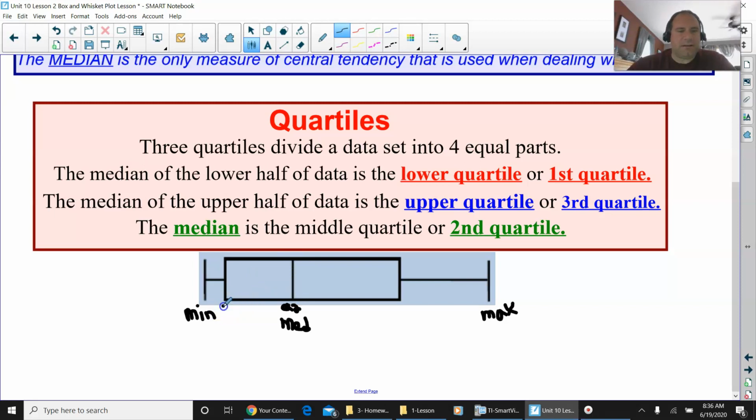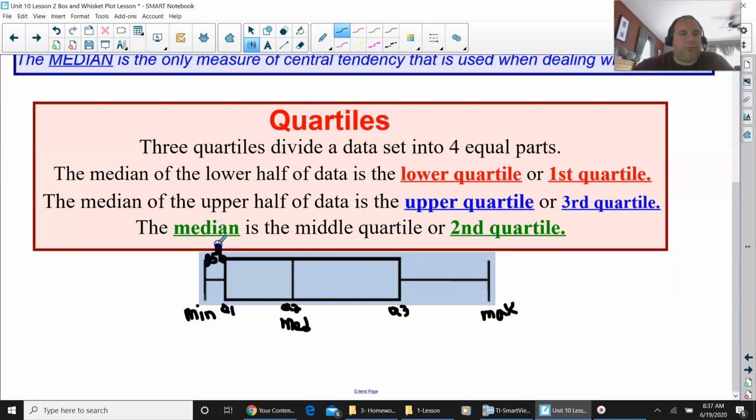This one right here is Q1, and it's the median of the lower half. This is going to be the lower half of the data, and you take the median of that lower half and get that Q1. This is Q3, and that is the median of the upper half of the data. So you're taking the median 3 times. And when they say it's quartiles, this part from min to Q1, that's 25%.